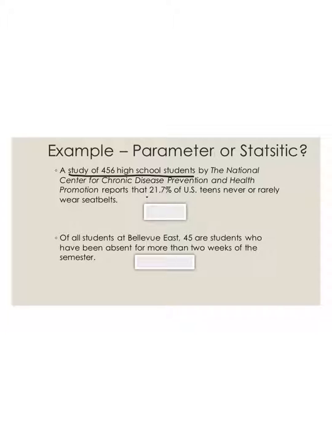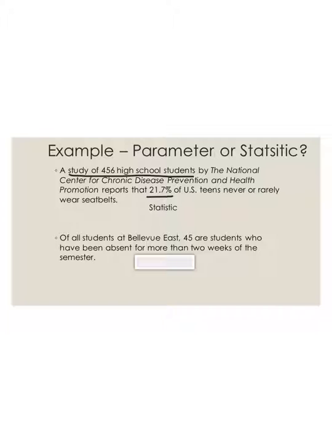That 21.7%, that's the data value I want to know. Is it a parameter or a statistic? Did that 21.7% come from the 456 high school students? In this case, we're going to say yes. That means the 21.7% is what we refer to as a statistic.